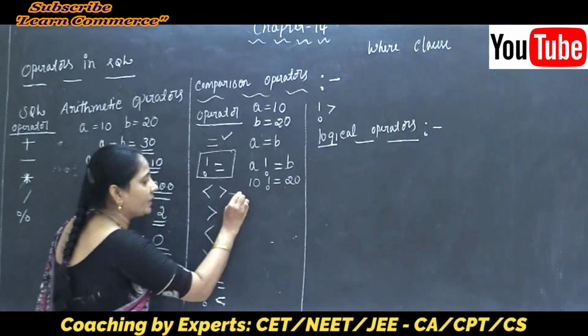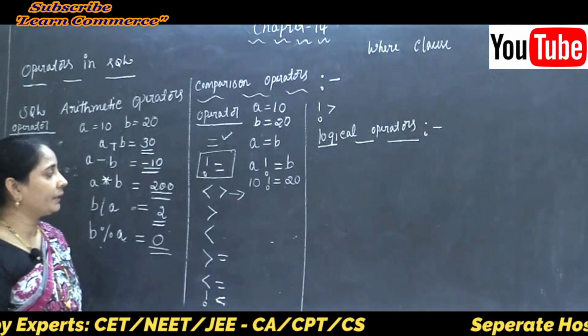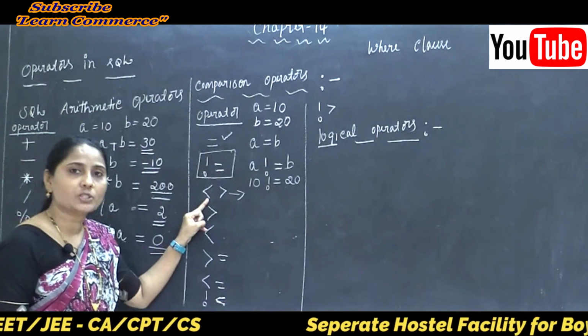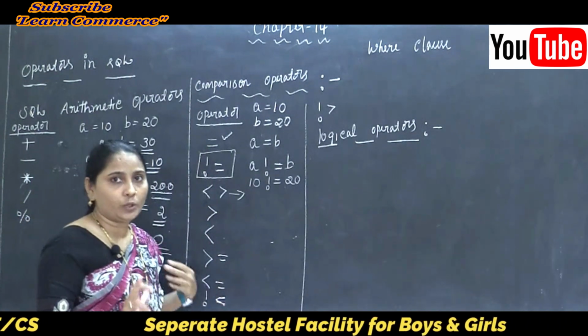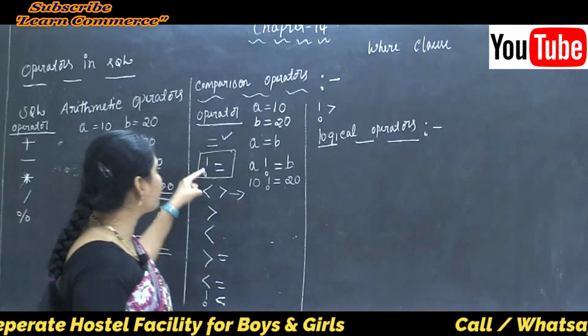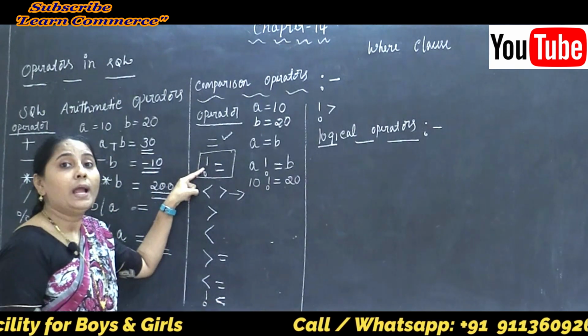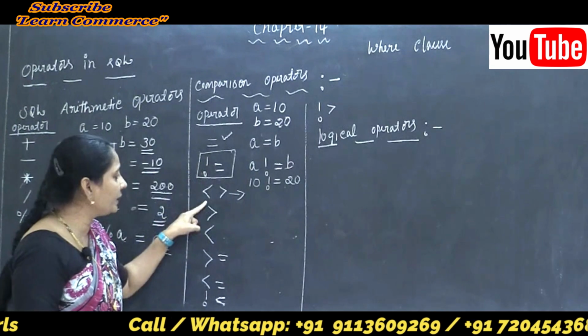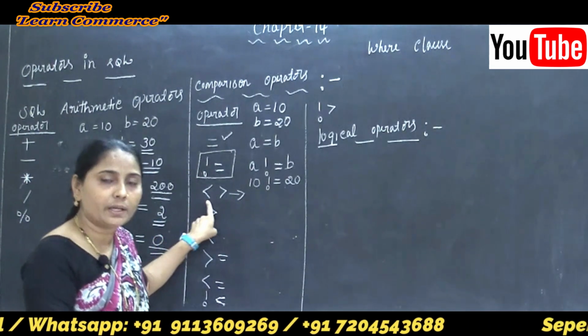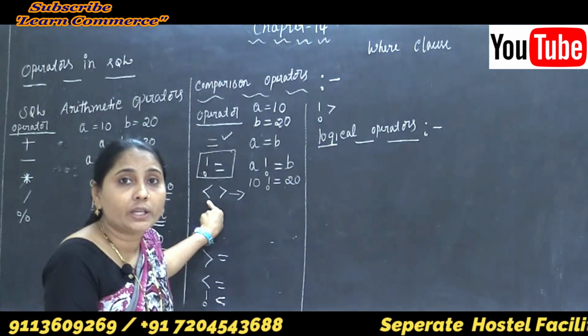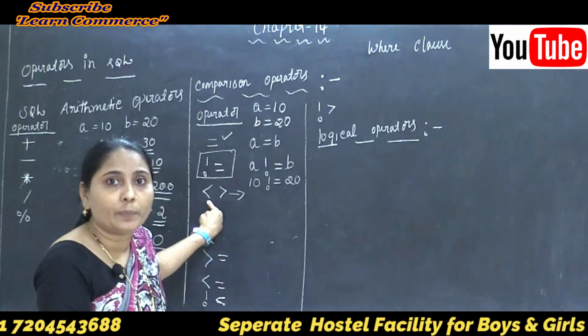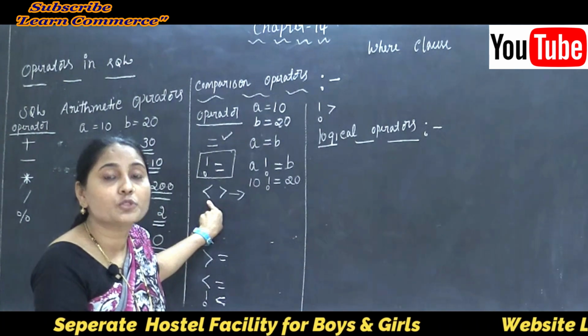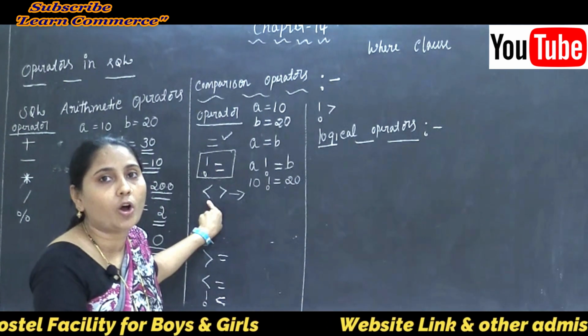Later is our third operator, which is also called not equal. Just as we completed the second operator not equal, we can use it in this manner also. Why do we use it? To check if the values of two operands are equal or not.